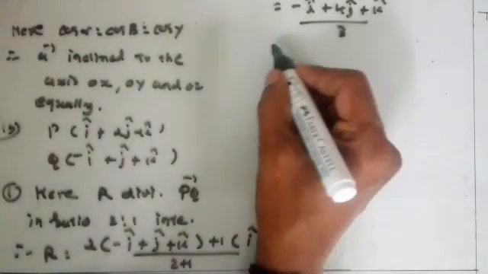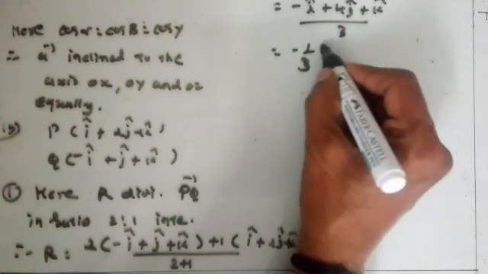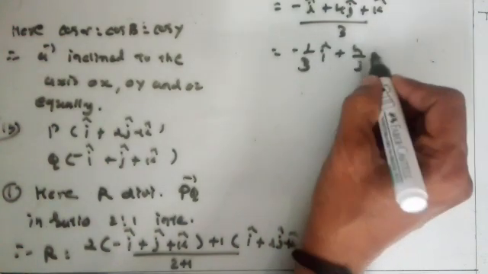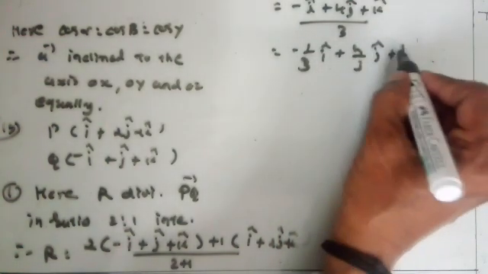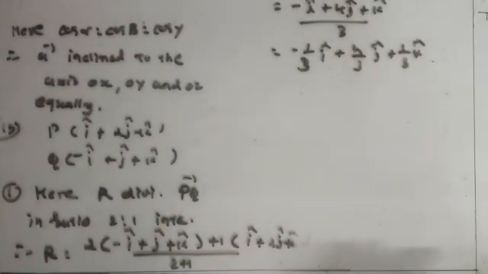Clear? Upon 2 plus 1, that is 3, equal to 1 upon 3 i plus 4 upon 3 j plus 1 upon 3 k. This becomes the position vector of R.